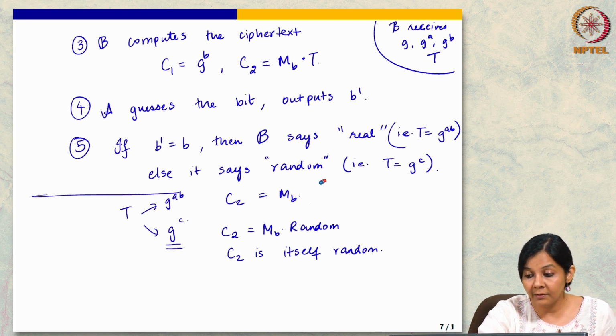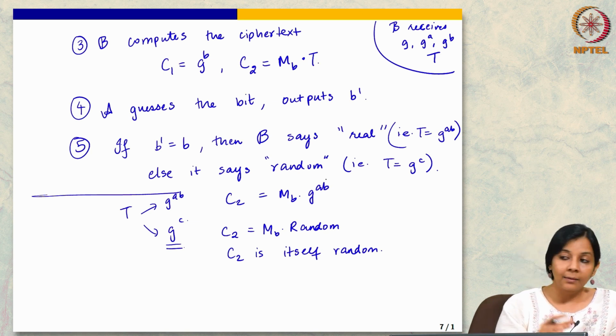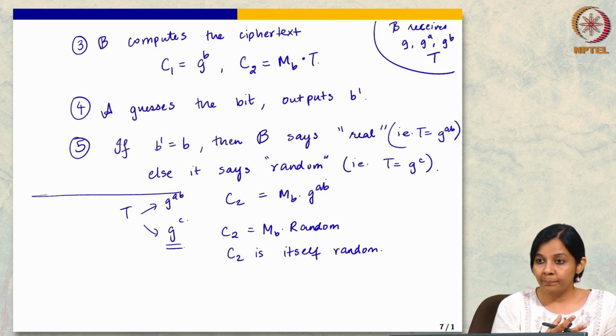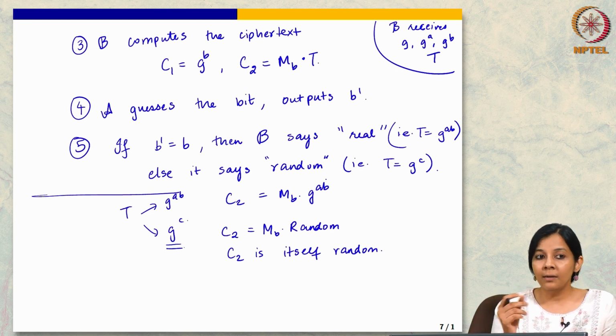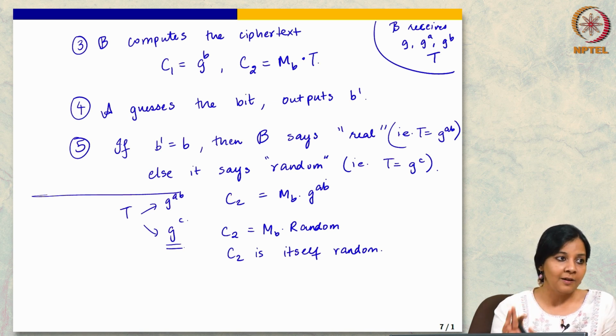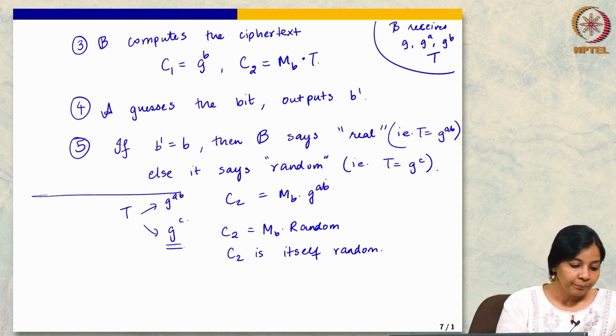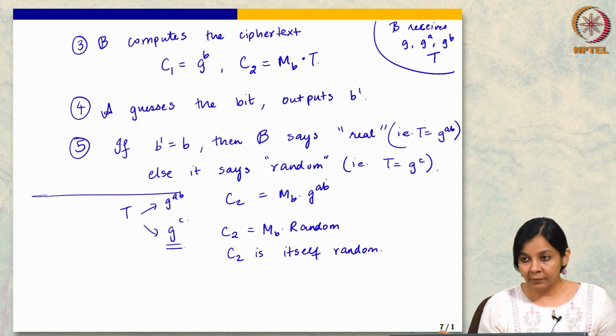So, that is the case when C2 actually looks exactly like the ciphertext in the real scheme, right. So, if you broke the scheme, then it must be the case that the target element that I got was actually from the DDH distribution, that is, it must have been G to the AB. Okay. So, we can prove this formally.